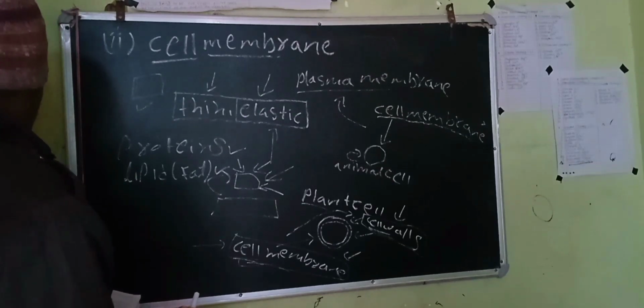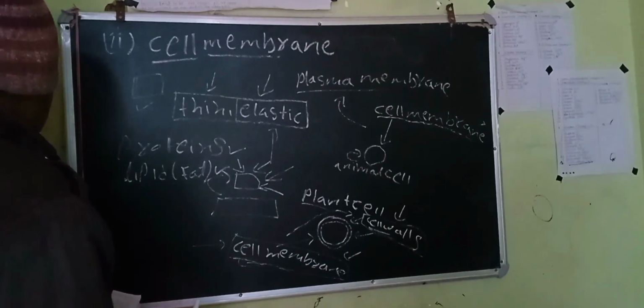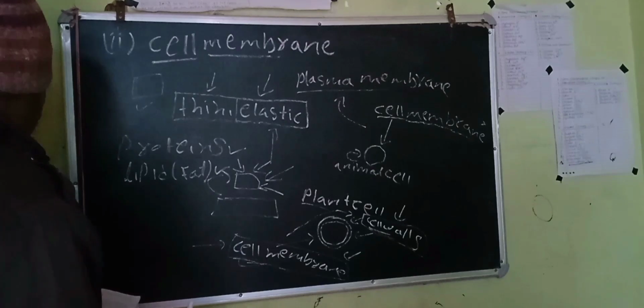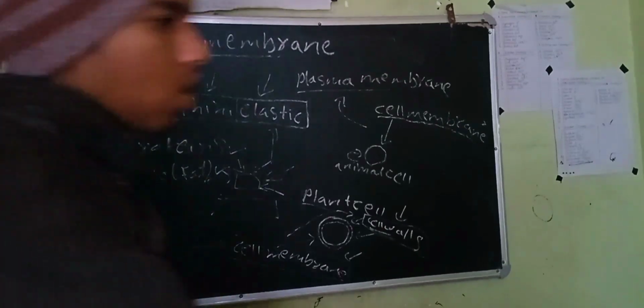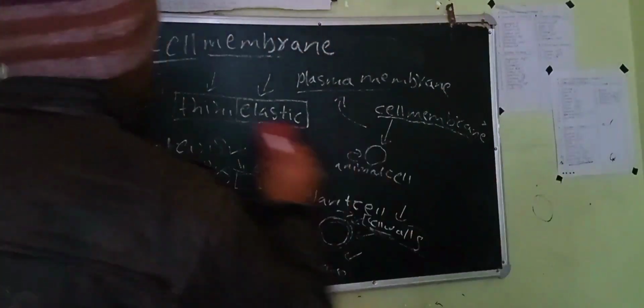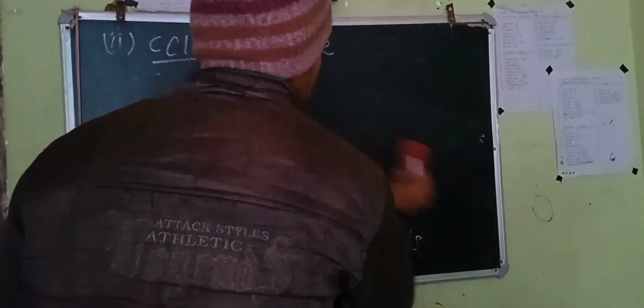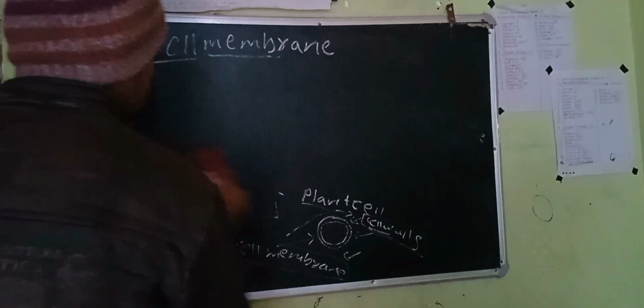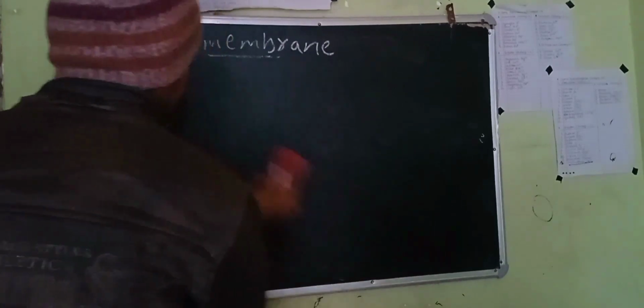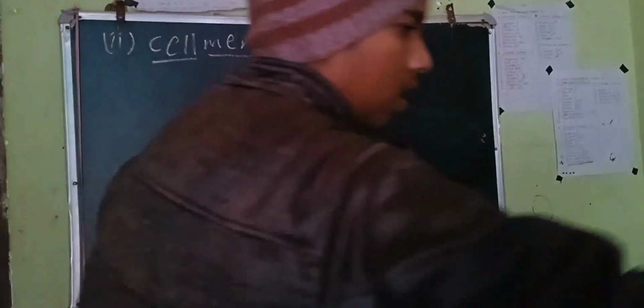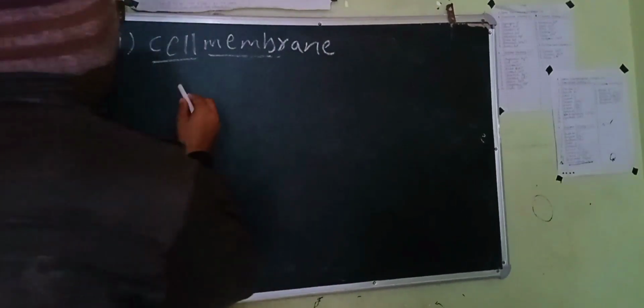Now let's talk about the major function. The major function of cell membrane. Okay, so let's talk about the major function. Let me just write and erase these things. The major functions.